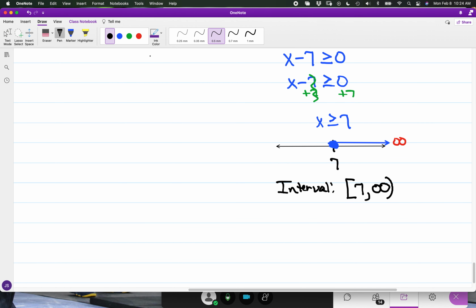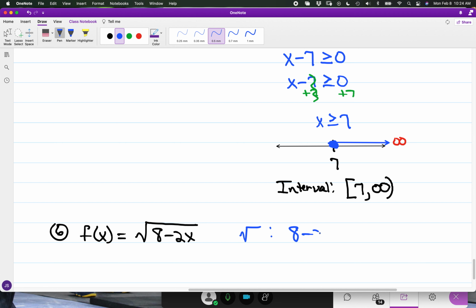And let's say, sort of serving as a reminder, that f of x is equal to the square root of 8 minus 2x. Can we have a square root?